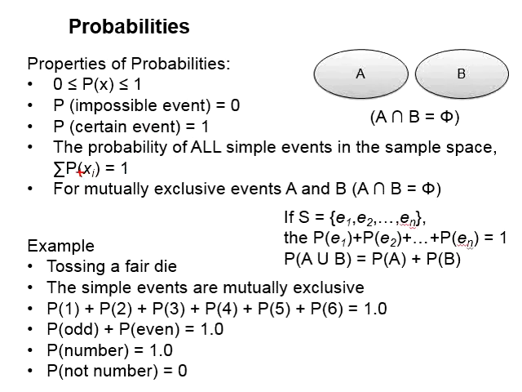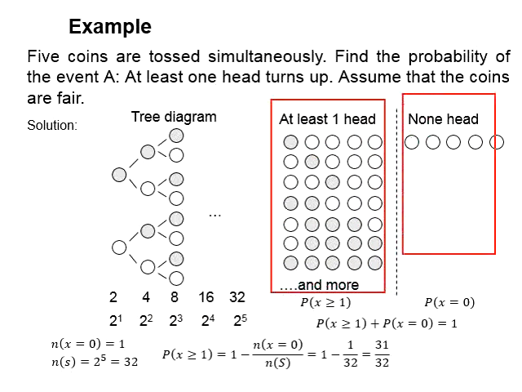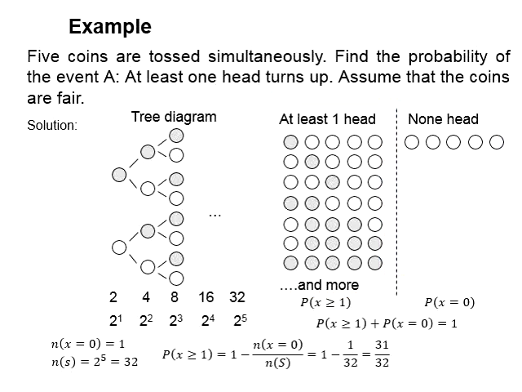Knowing that for mutually exclusive events, the summation of all the probabilities will be equal to 1.